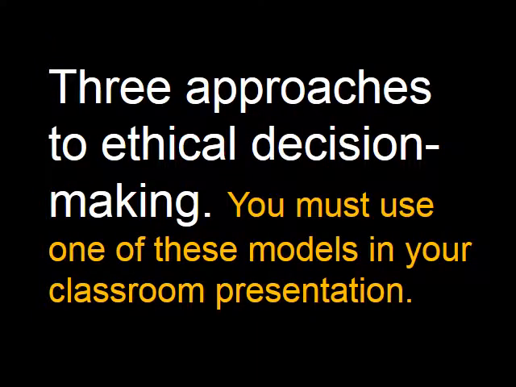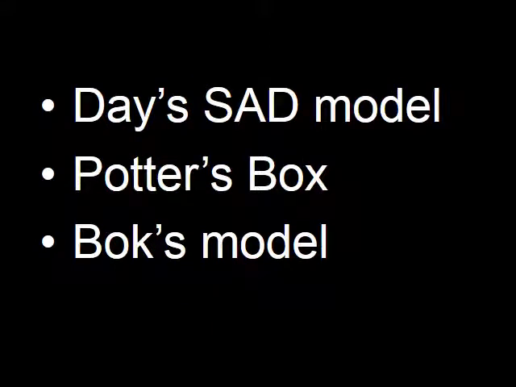Now, I will be talking about 3 approaches or models designed to help you make good ethical decisions. And you must use one of these models in your classroom presentation. But I also hope that you will apply at least one of these models through the course of your entire life.